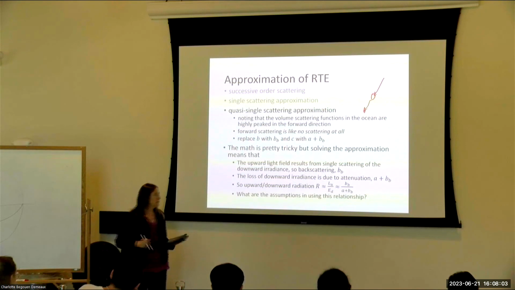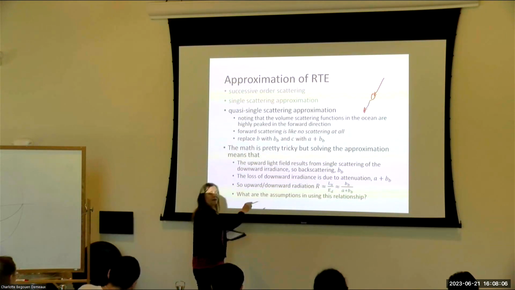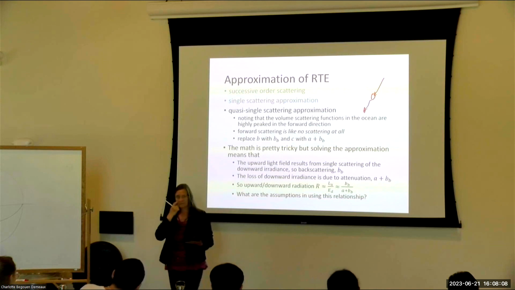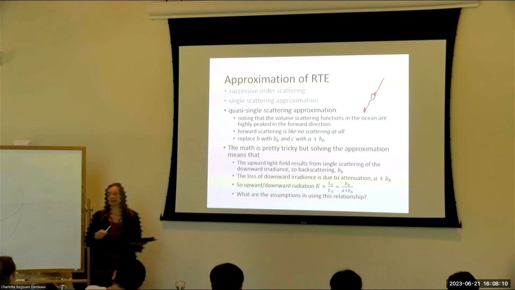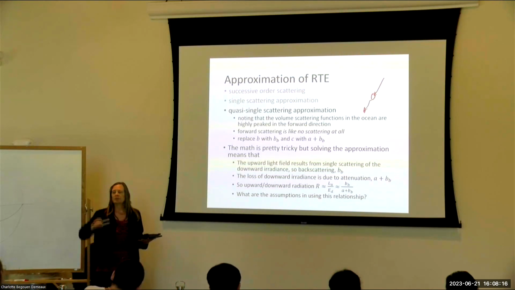So my question to you is, when can you use this relationship? More importantly, where in the water column? At the surface, right? So don't be doing profiles of R and inverting it for b_b over a plus b_b, because it does not hold once you get into a multiple scattering regime.